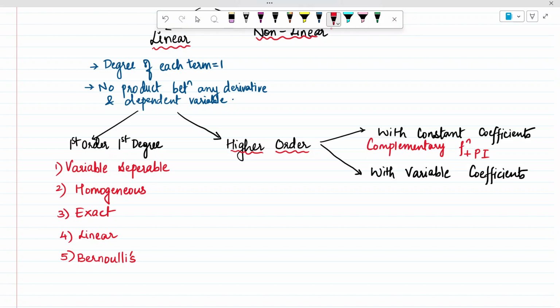Then you find the complementary function from the homogeneous differential equation, and you find the particular integral either using a shortcut method or by the generalized method. The generalized method exists for all questions, and the shortcut methods are for particular kinds of questions.